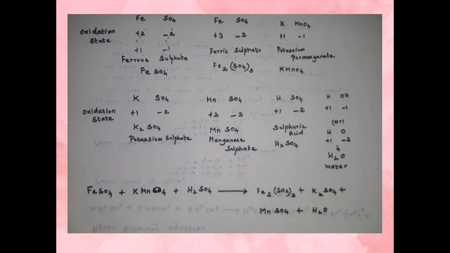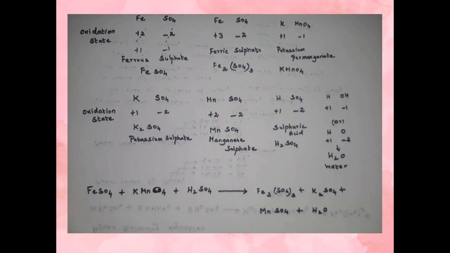In this equation, how is FeSO4 formed? Fe has oxidation number +2, SO4 is -2. So they cancel with each other, we get +1 -1. Then using the crisscross method, -1 goes to Fe, +1 goes to SO4, we get ferrous sulfate FeSO4.